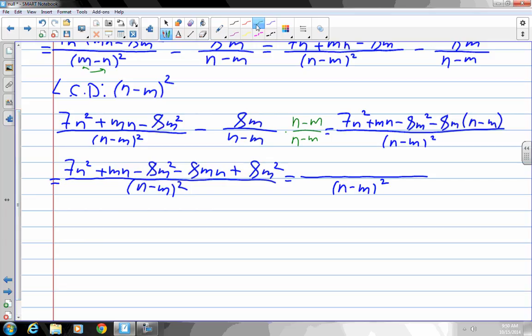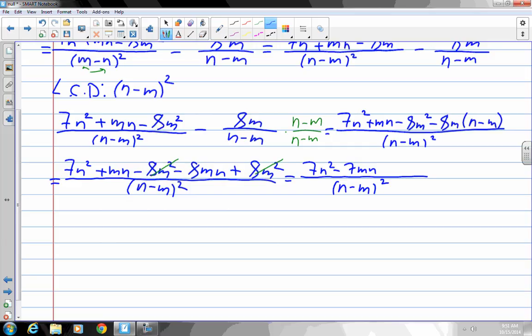So what can we do about that numerator? Can I simplify that? So what's going to happen here? Yeah, the 8m squared cancel. And when you combine like terms, you get 7n squared. Then you have mn minus 8mn, so minus 7mn. Is that okay?